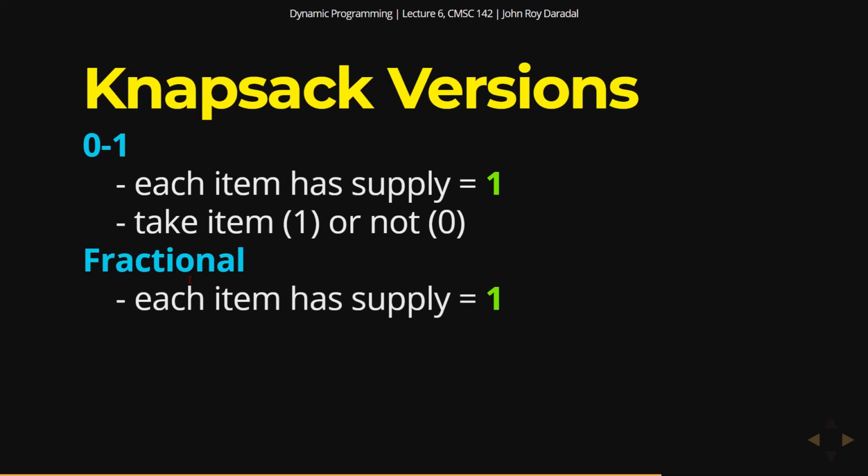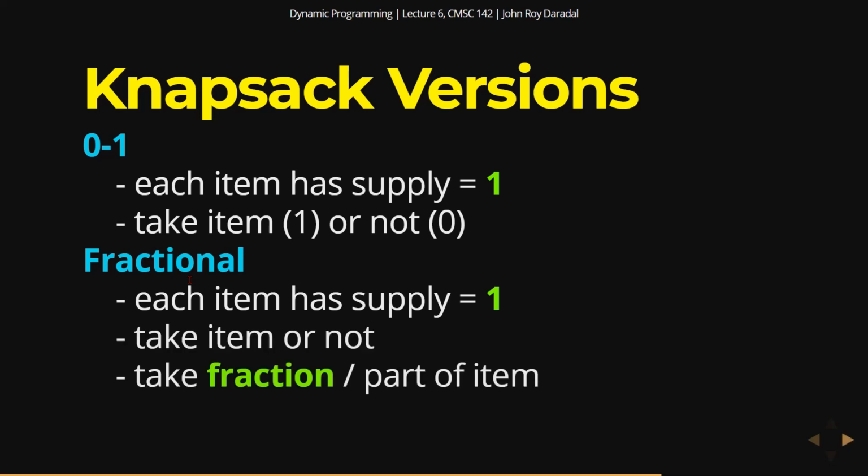And then for fractional, it's similar to 0-1, wherein each item also has a supply of 1. So there's only 1 piece per item, and you either take the item or not, but since it's fractional, you could also take a fraction or part of the item. Let's say, for example, if it's a gold bar, then that has to be 0-1 because you either have to take the gold bar or not, right?